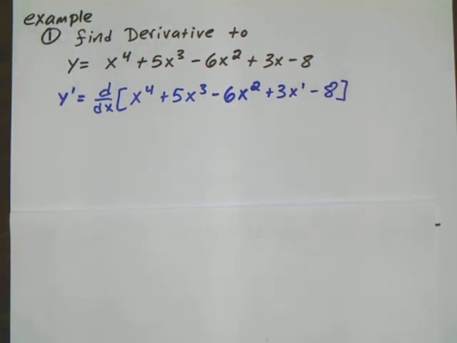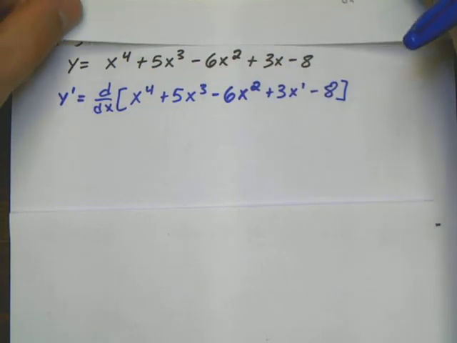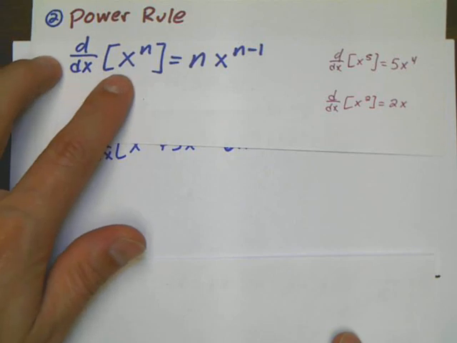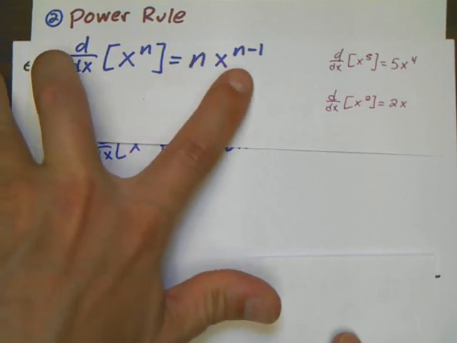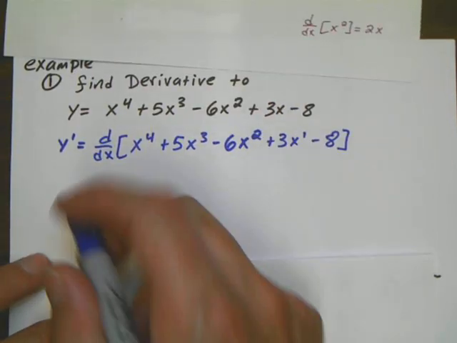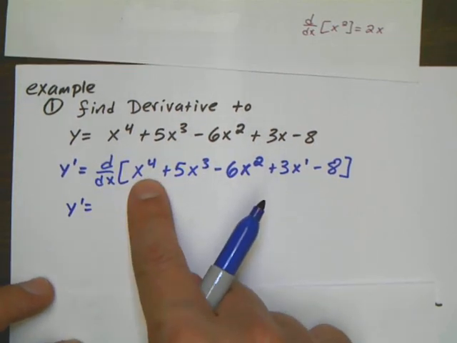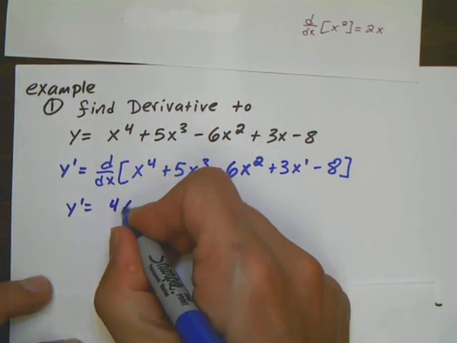Okay? And I'm just going to go term by term and apply the power rule. The power rule says drop the power in front and then subtract the power by 1. So y prime is equal to, this drops down in front, so it's going to be 4x to the 3rd.